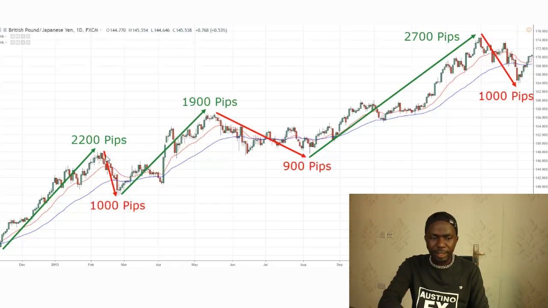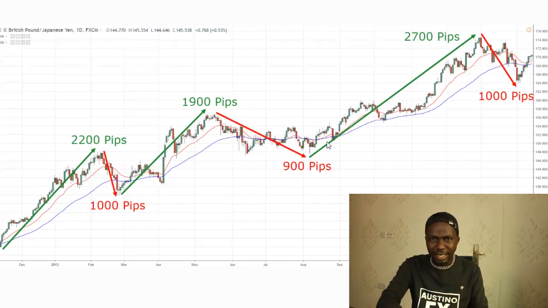So if you are waiting to sell during a trend, you only catch small pips. But if you are trading in the direction of the trend, you are following this green arrow line, you are going to cash a lot of pips. So this is why you are expected to trade only in the direction of the trend.